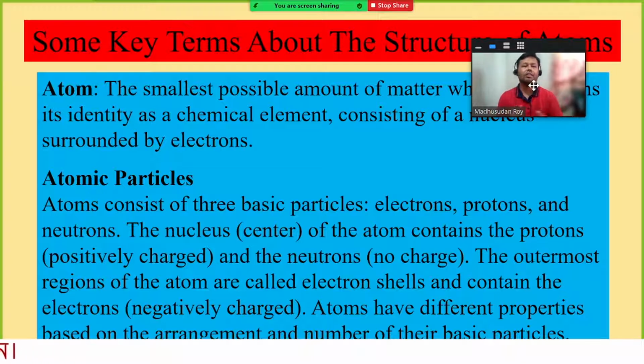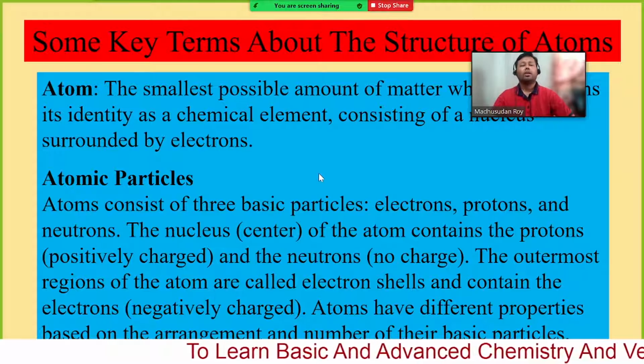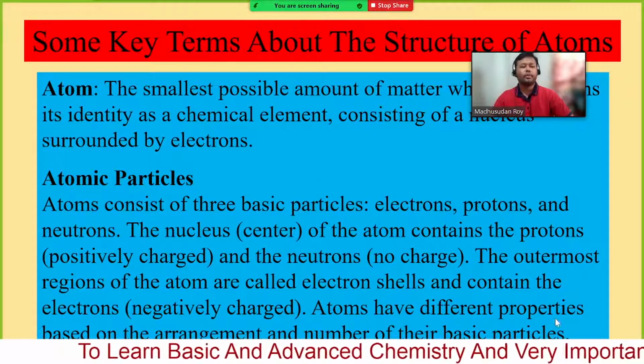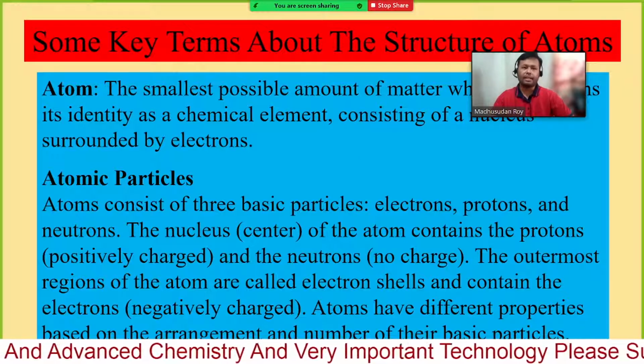Electrons exist in the surrounding of the nucleus. At the center, neutrons and protons. Protons are positively charged, neutrons chargeless, electrons negatively charged. And electrons surround the nucleus continuously. Another thing: atoms have different properties based on the arrangement and number of their particles.